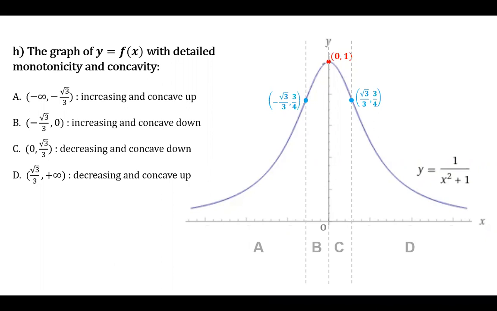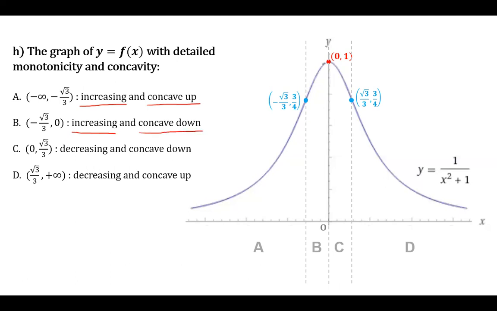So you need to label the concavity and monotonicity in each of the regions. In the first region, which is x less than negative square root of 3 over 3, this function is increasing and concave up, right? In the second region, region B, where x is between negative square root of 3 over 3 and 0, this function is increasing and concave down.